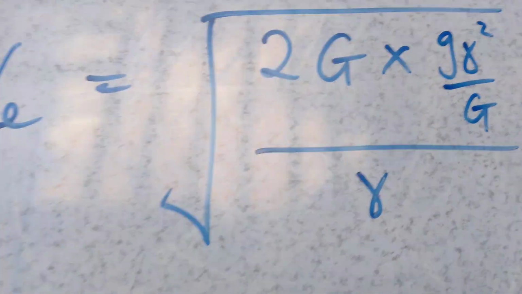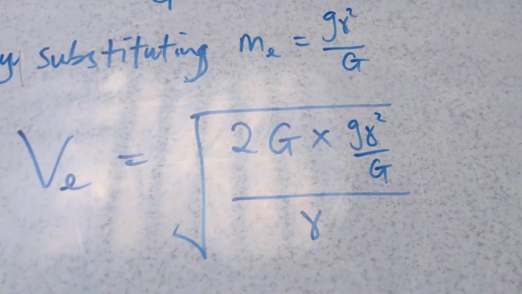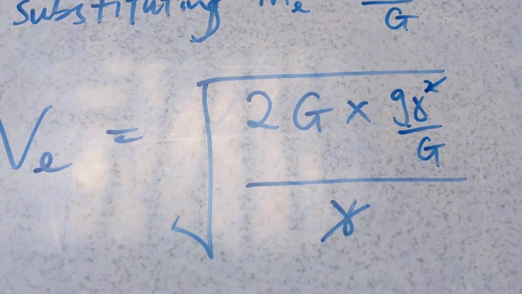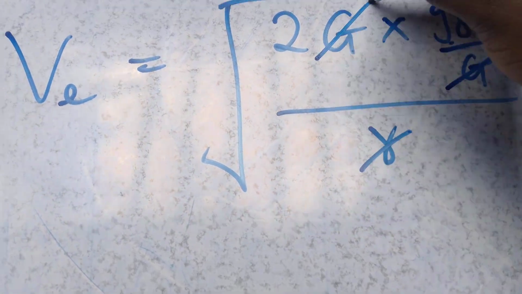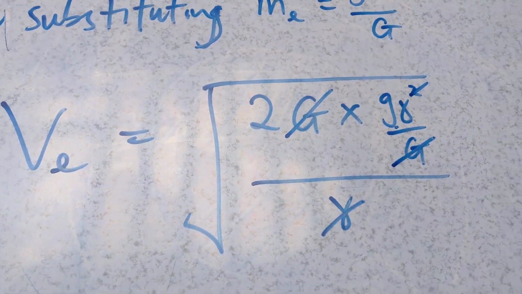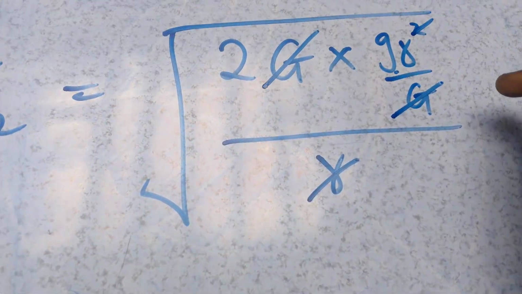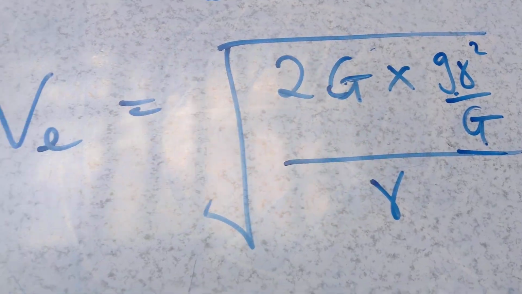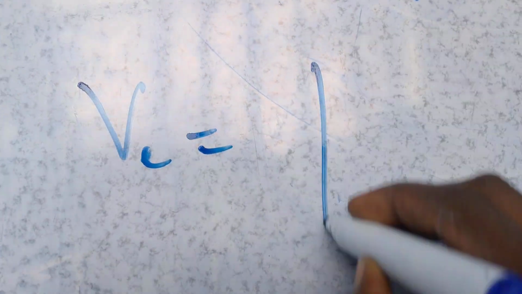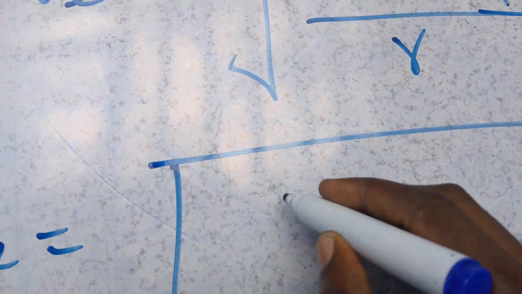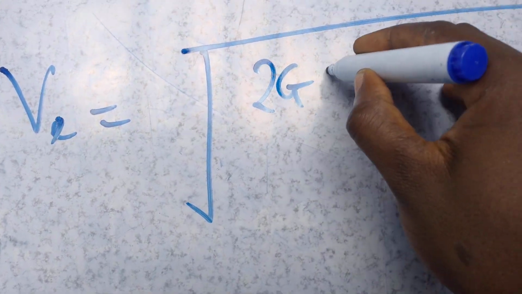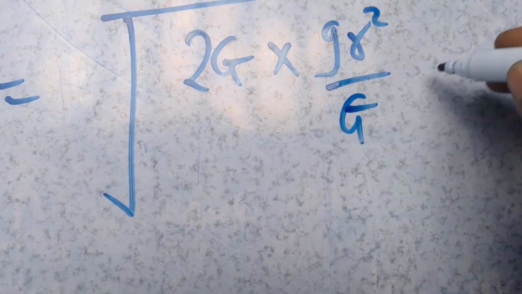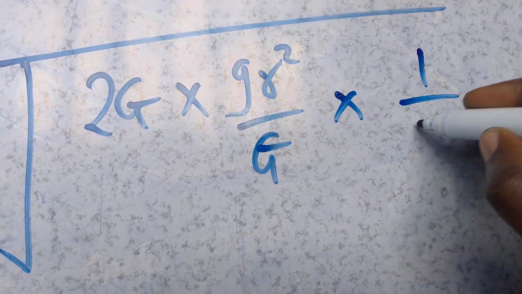So I'm having this as my escape velocity. Then we cancel out one r, and we cancel out one G, right? So let's make it more professional. This is Ve equals the square root of 2G times g r square over G times 1 over r.